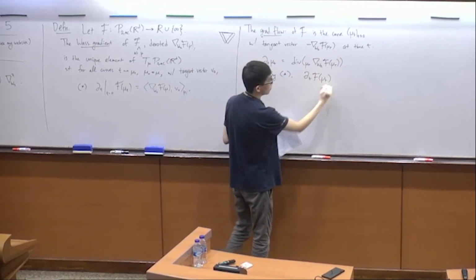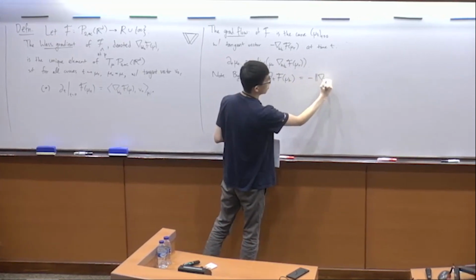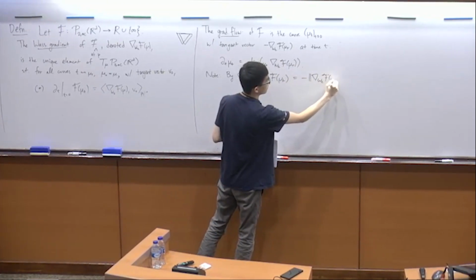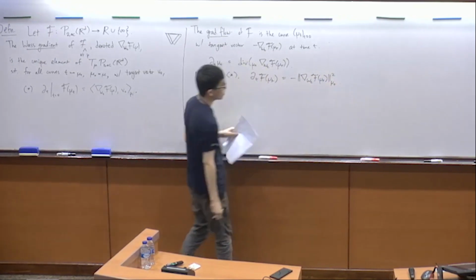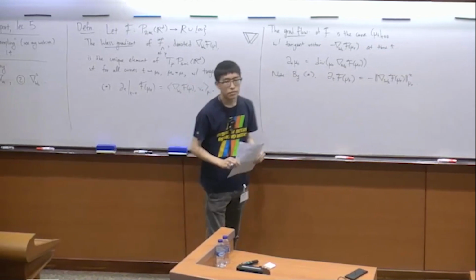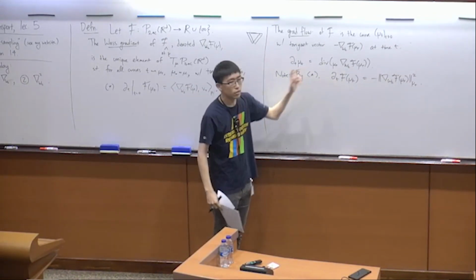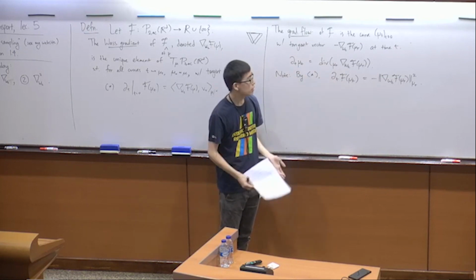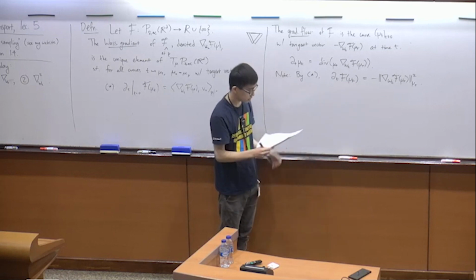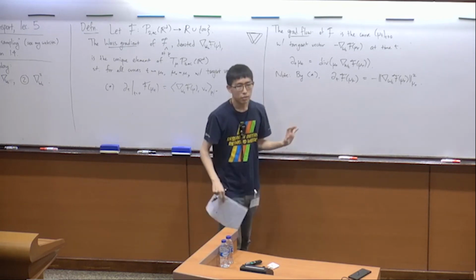The time derivative of the functional along the Wasserstein gradient flow is always minus the norm squared of the gradient, where this norm squared is the tangent space norm. Okay, this also tells you why we call this the gradient flow. It's in some sense the steepest descent of the functional f with respect to this geometry. Any questions about these definitions?